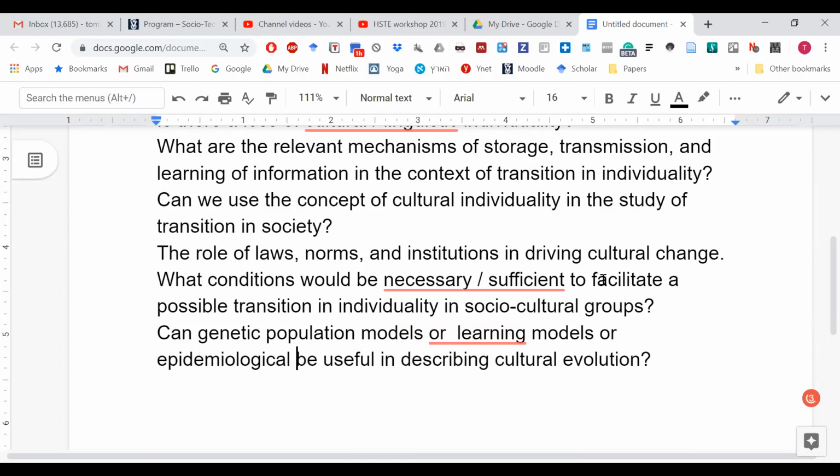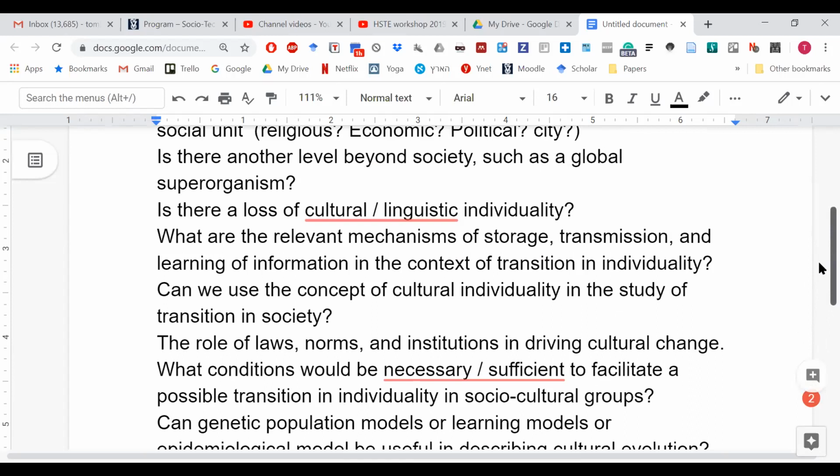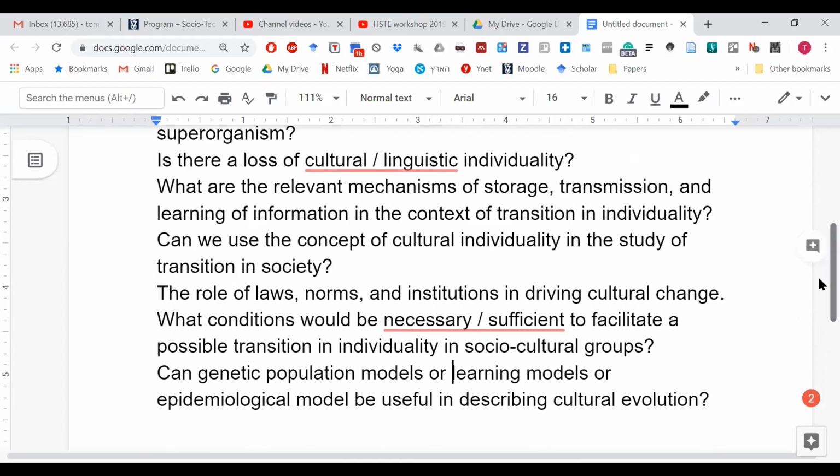I don't have a question, but it's more like a general comment. If you want to stay within the framework of major evolutionary transitions, which is still supposed to be a unified scheme, it looks like there are three different approaches or preferences in this group.